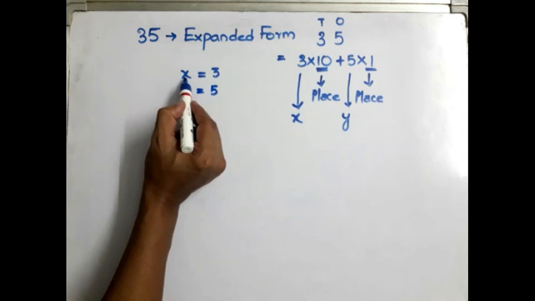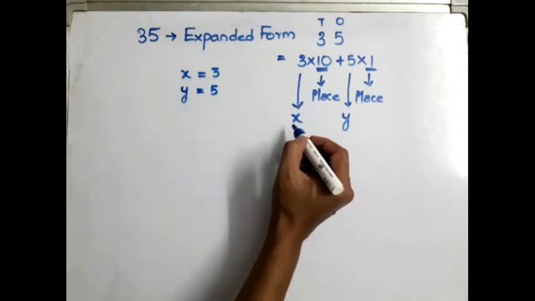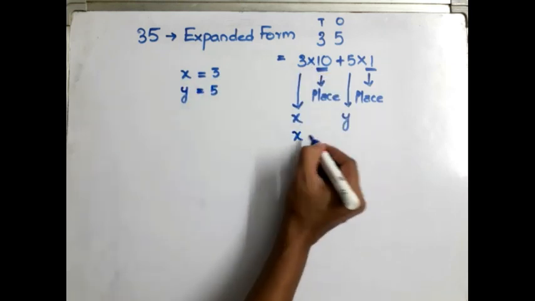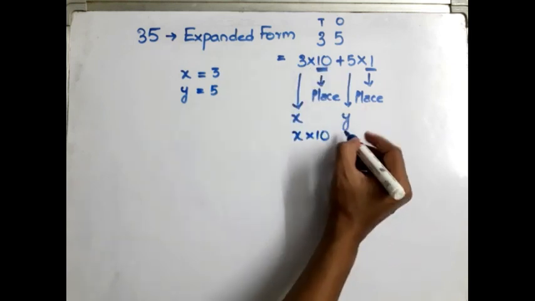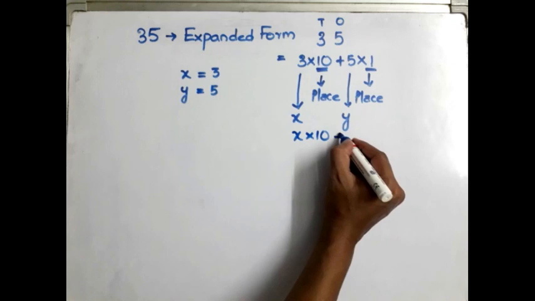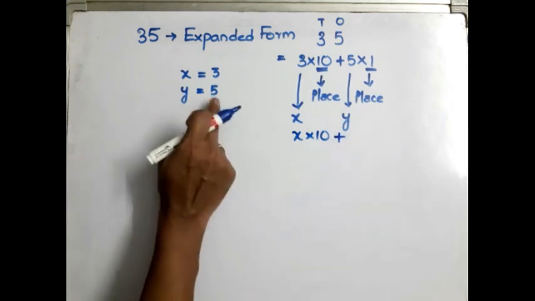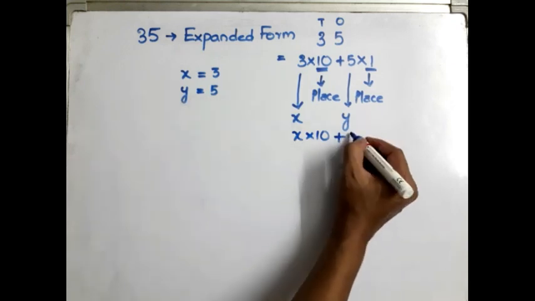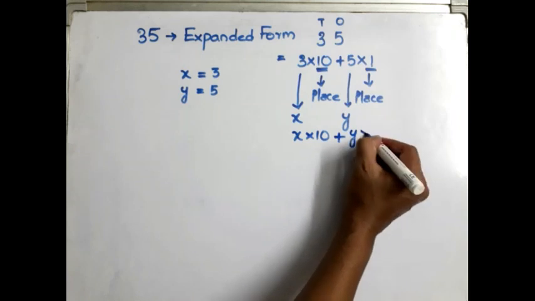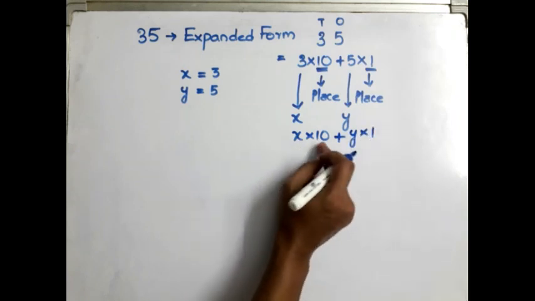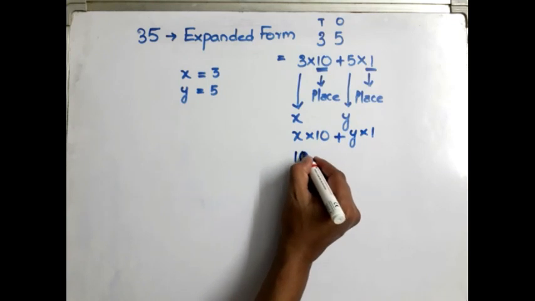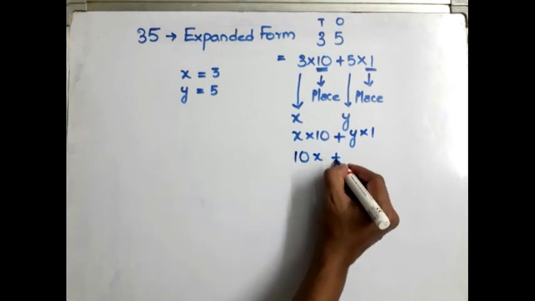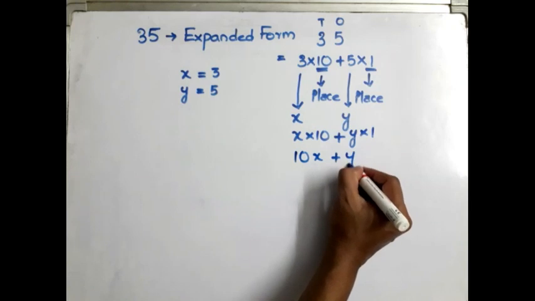Now, as I am saying that x is equal to 3, can I write x into 10 in place of 3 into 10 here? Yes, plus, again I am assuming the value of y as 5, so y into 1. x into 10, or usually how will you write it, 10x plus y into 1 is y.